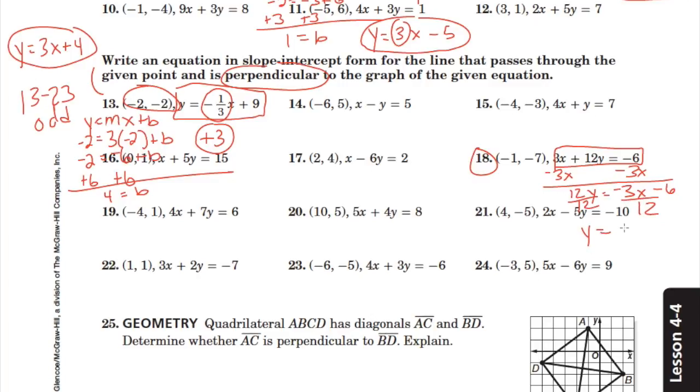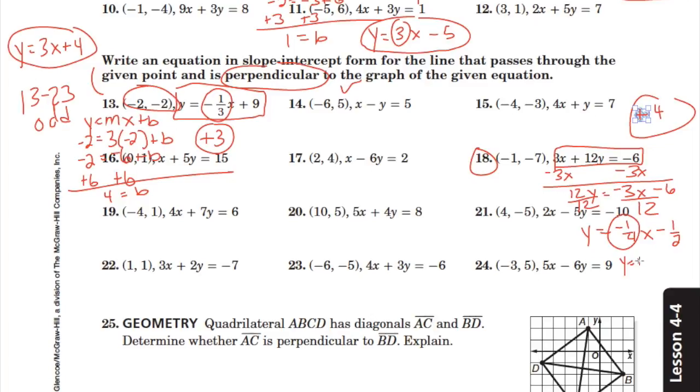Y equals -1/4 x minus 1/2. All I really care about is that slope, because for perpendicular lines we have the opposite reciprocal, or the value that's going to make -1/4 equal to -1. So the opposite would be a positive, and the reciprocal of 1/4 would be 4. So my slope for my perpendicular line is going to be 4.